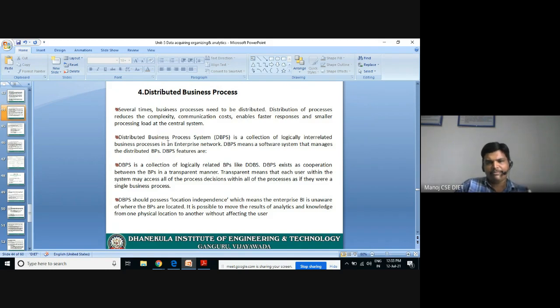Generally, multinational companies, software companies, or large turnover enterprises use this enterprise business intelligence. Why? Because it is location independent. So with the help of this DBPS, you can operate it anywhere. You can access any process regarding your enterprise, and you can even move your results for the sake of analytics and for getting the knowledge with the help of business intelligence to extract that knowledge.